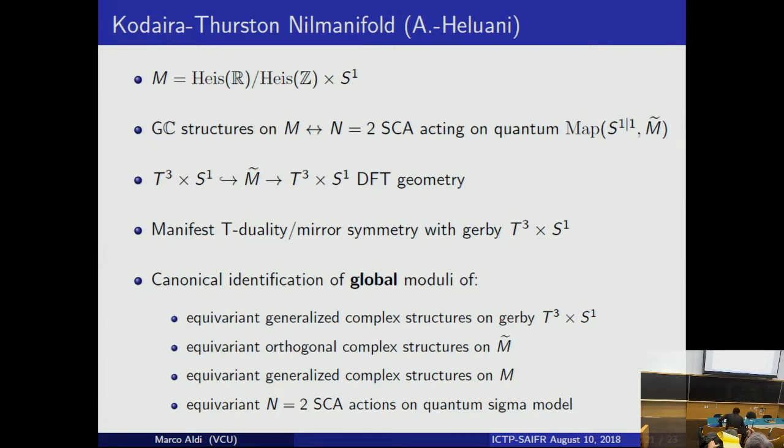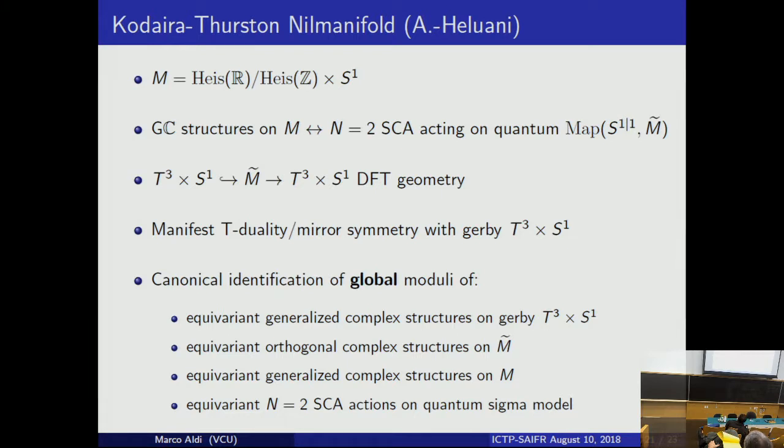Now here you have a little bit more than chiral de Rham. You have this other structure that comes from this double twisted torus, but nevertheless you have actions of the N=2 superconformal algebra on whatever the quantization is.